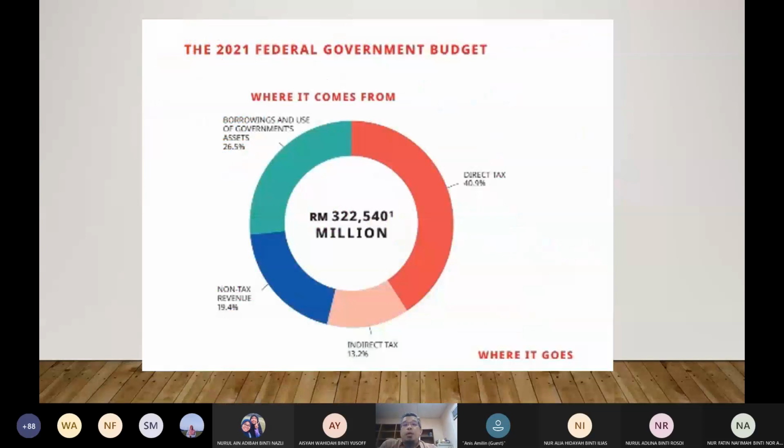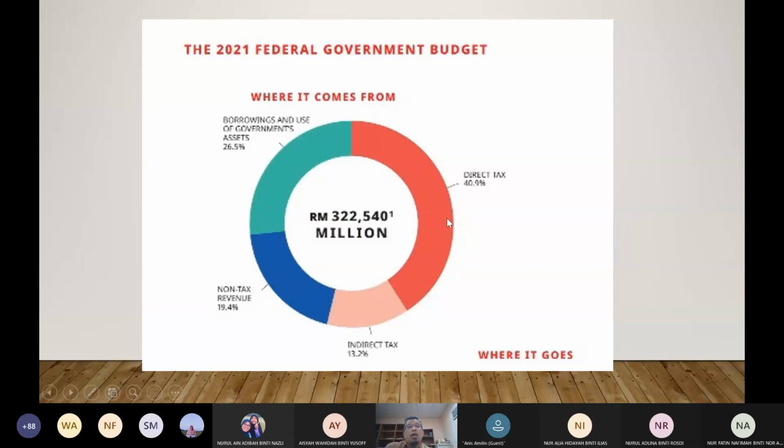Now we move to 2021 for the current year budget. This is provided by the Ministry of Finance. So we can see the source of finance, 40% from direct tax.